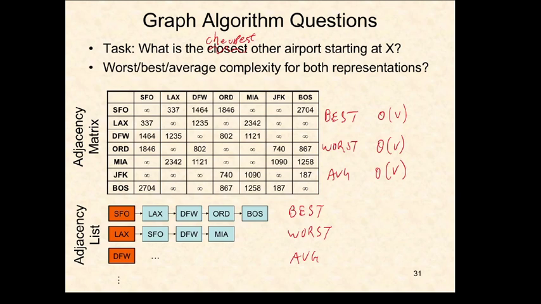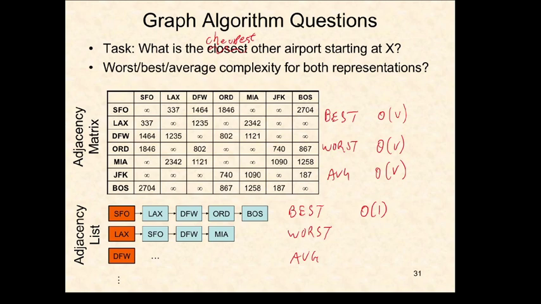All right, so for the adjacency list, assuming it's not in any particular order, the best complexity would be when I get to the SFO list and there's only one thing in the list, or there's none. If there's none, there's nowhere that's the cheapest airport I can reach. If there's only one thing in there, it's the only one I look at. So the best here could be O of 1 because the list is either empty or has one element in it.